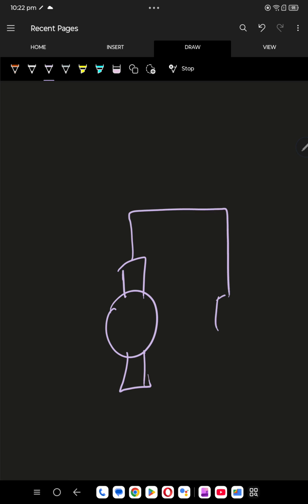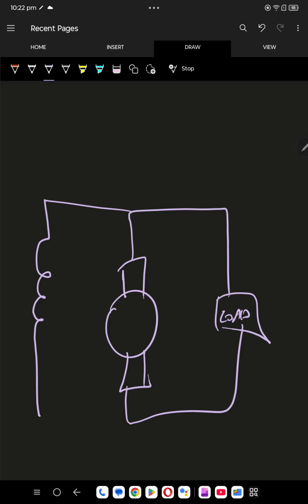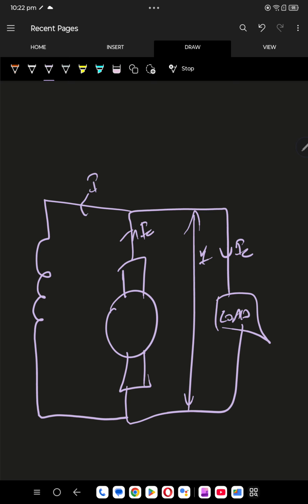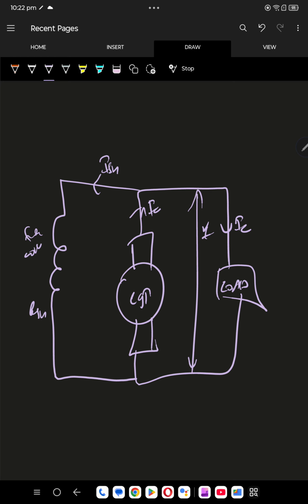The diagram once again I'll draw and show you, just for practice. Load. Here VT. Here IL, IA, ISH, RSH. This is the field coil, and EG. That's it.